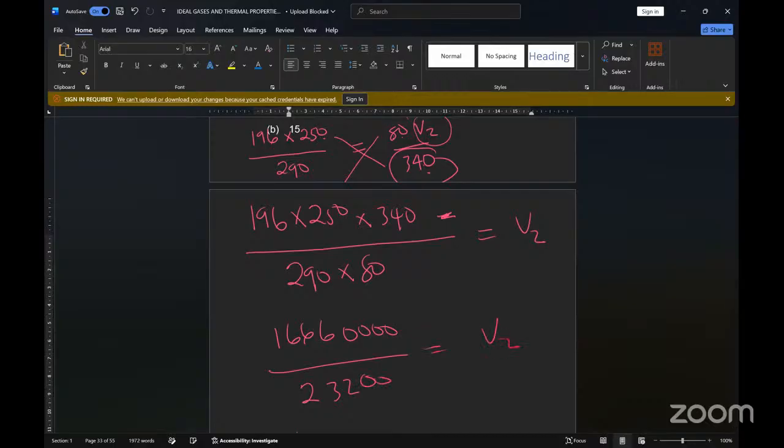This is equal to V2. So I'm going to divide 16660000 by 232 and 2 zeros.